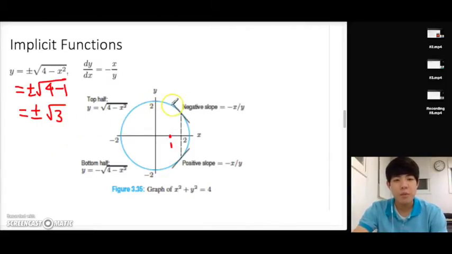So one corresponding y value would be here, positive root 3, and another would be here, where the y value is negative root 3.